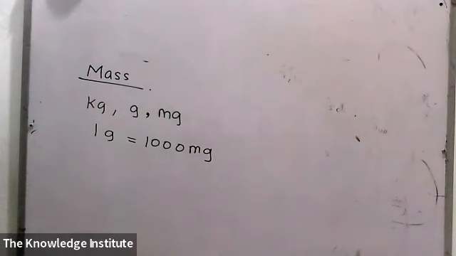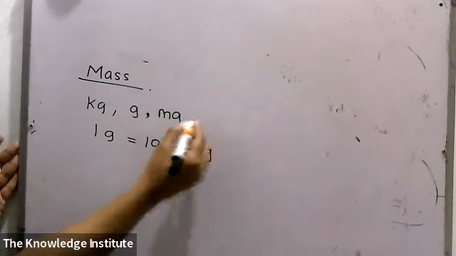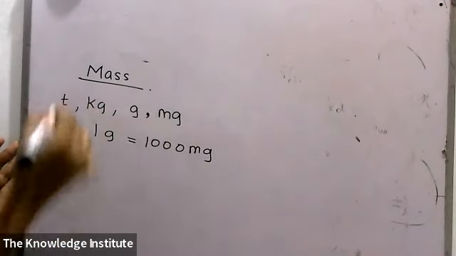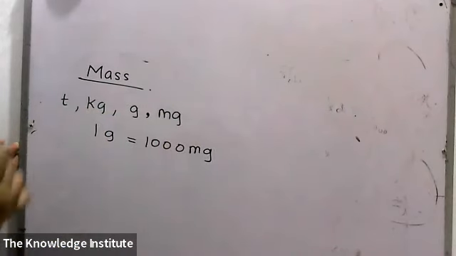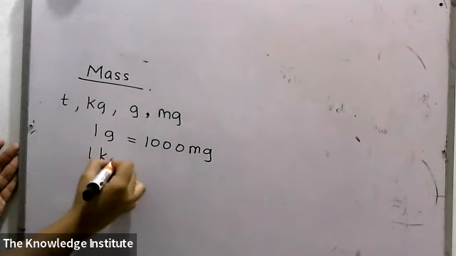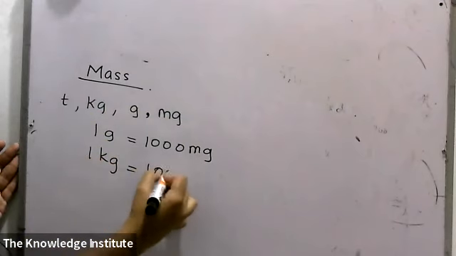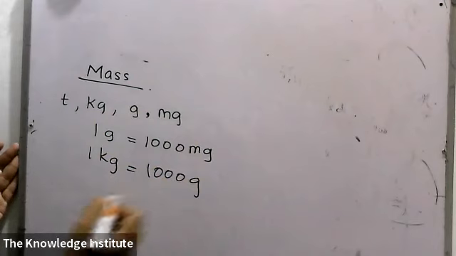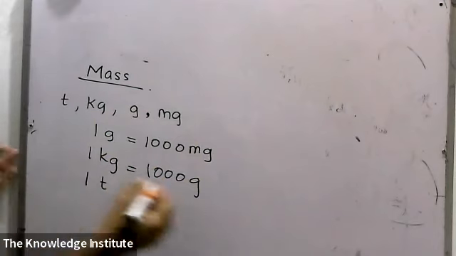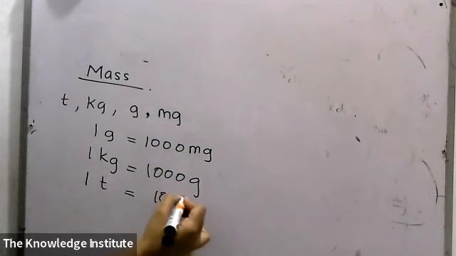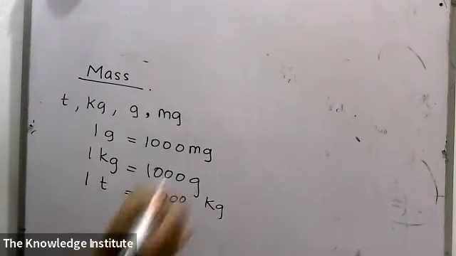Then we have ton as well. And in 1 kilogram, we have 1000 grams, and in 1 ton, we have 1000 kilograms. These are the basics you should know.